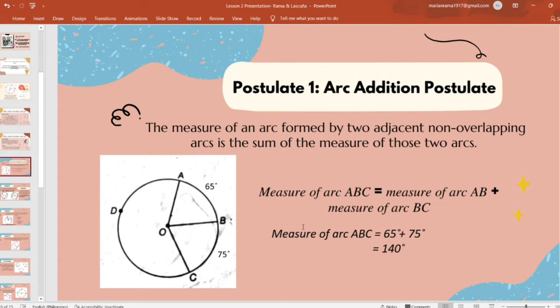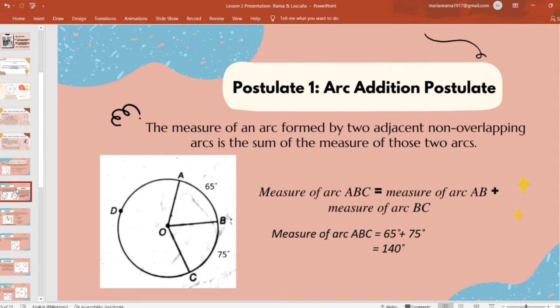Then we just have to add. The measure of arc AB plus the measure of arc BC is 65 degrees plus 75 degrees, which equals 140 degrees. That's the main purpose of postulate 1, the arc addition postulate.